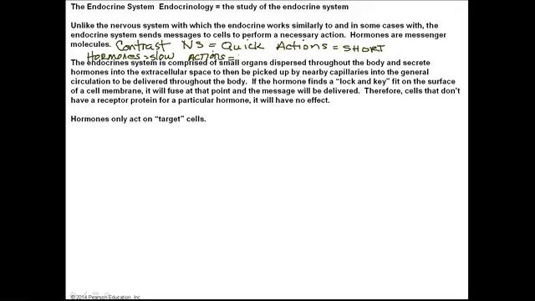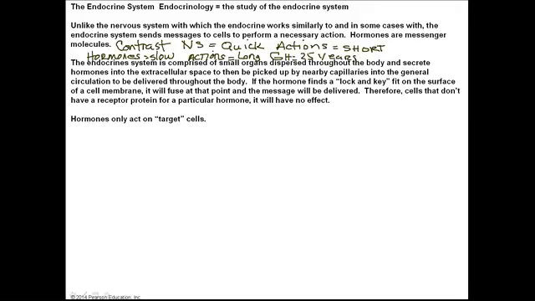Case in point, growth hormone, GH, will be secreted for 25 years. Okay? So that's the difference between the nervous system and the endocrine system.